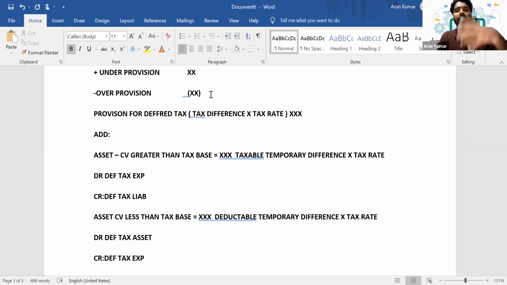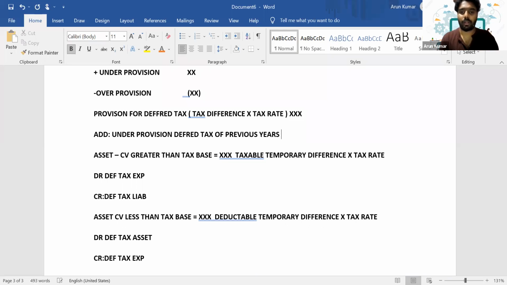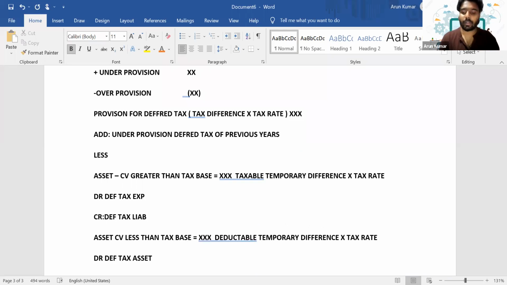We would have created the deferred tax in the opening. So we'll compare the opening balance with the closing deferred tax balance. We will add the under provision for deferred tax of previous years, and we'll deduct over provision for deferred tax in previous years.